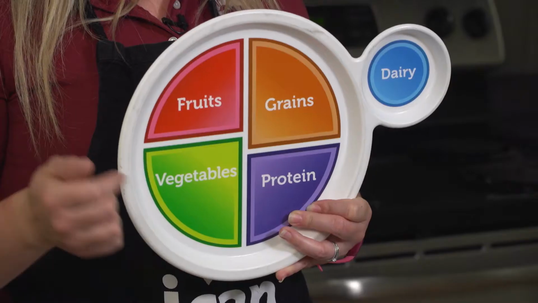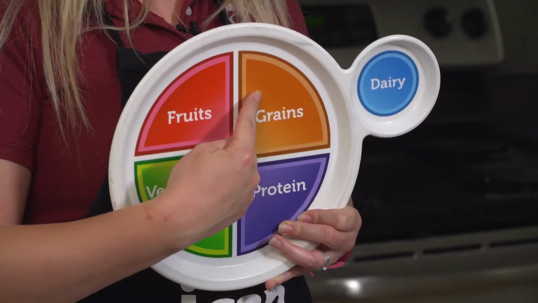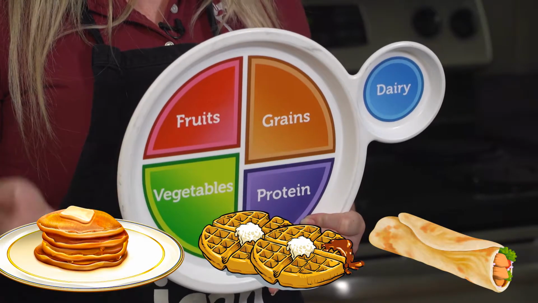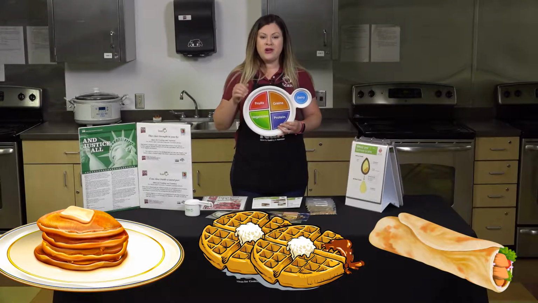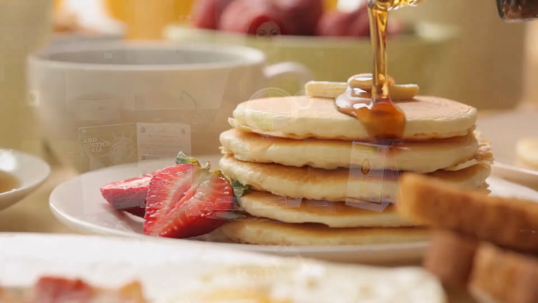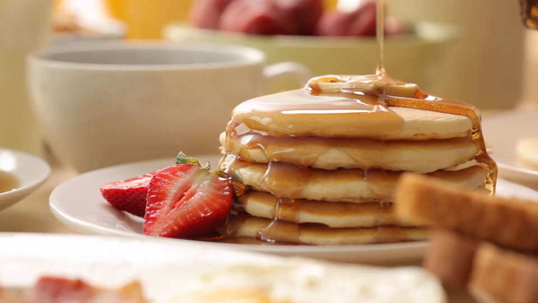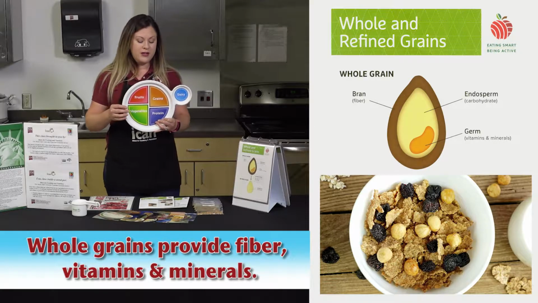You'll notice that a lot of the breakfast foods are found in this grains group, such as pancakes, waffles, even a burrito with the tortilla. A lot of our breakfast foods are found in this group, which helps us to understand a little bit about how we need something from this group to start our day, to give us that energy that the carbohydrates provide for us.